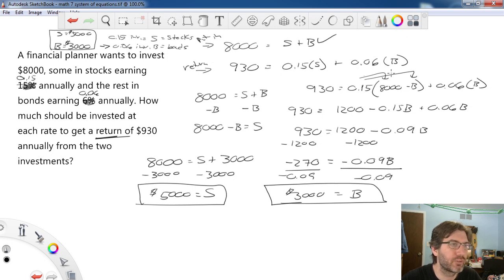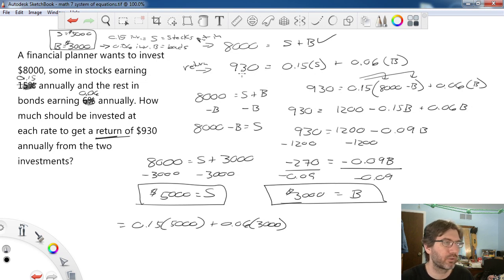This one here, let's double check just to make sure. So we're hoping to get 930. So we're going to do 0.15 times 5,000 plus 0.06 times 3,000. And hopefully this is going to give us 930. That's what we're aiming for here.